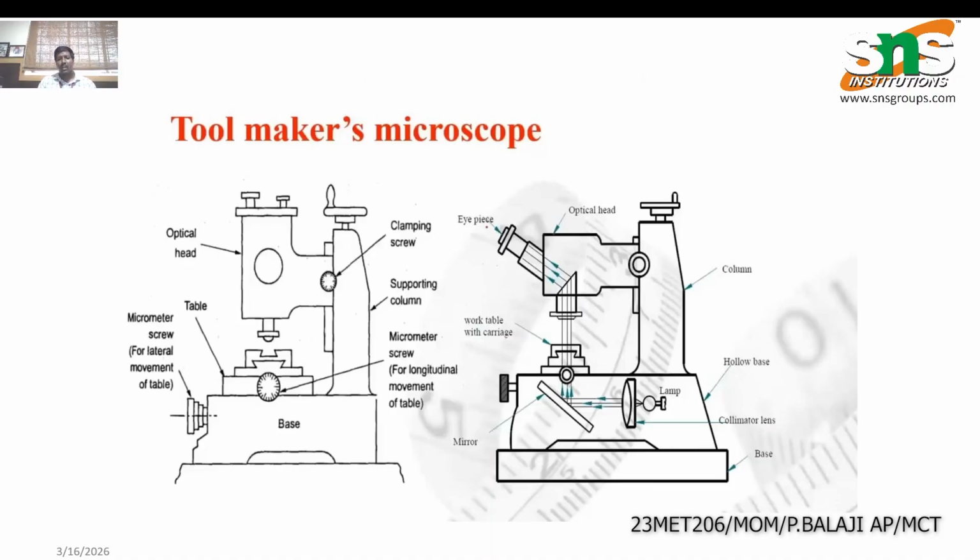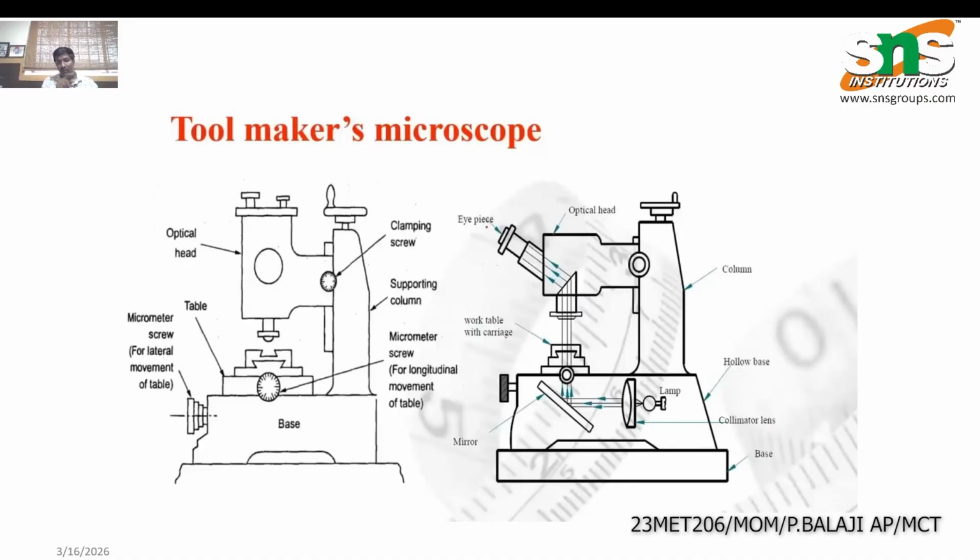Initially we have to fix our thread in the object space, and then give a light source to our lens. The light rays strike the mirrors and then strike our object, which we can call the thread. All of that goes to our optical head, and we can view the readings. We also have reading parts available.